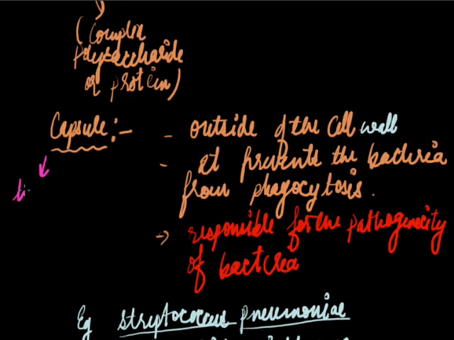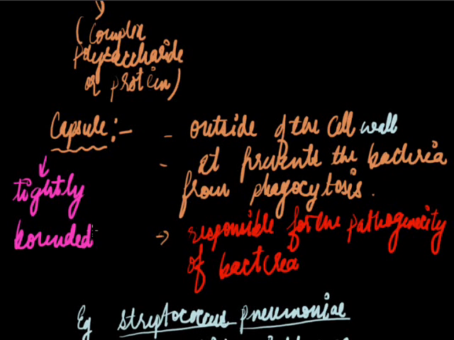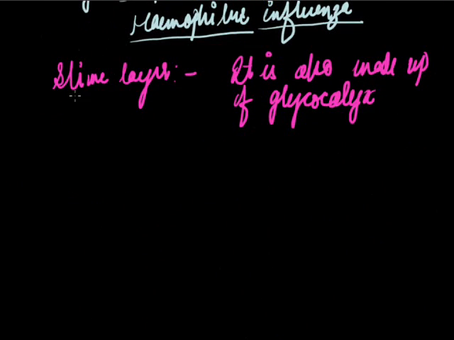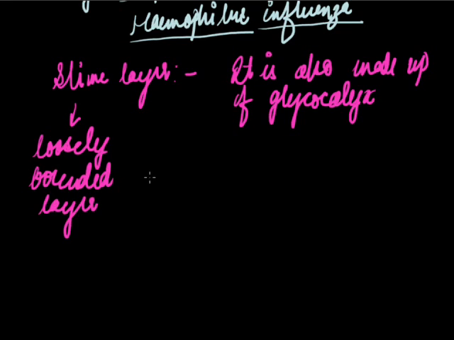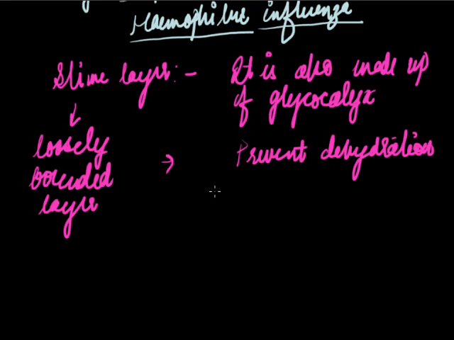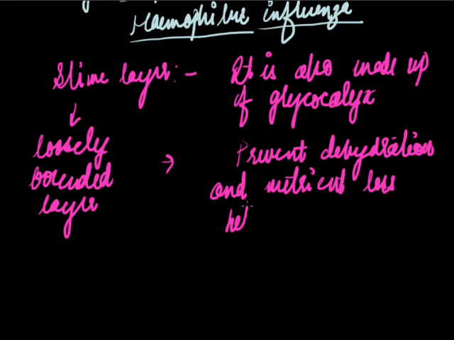But the slime layer is a loosely bounded layer. What is the function of this layer? It prevents dehydration and nutrient loss, and it helps in trapping nutrients.